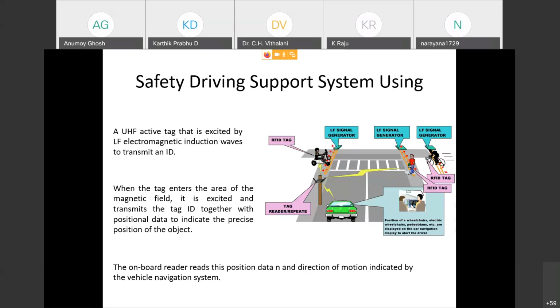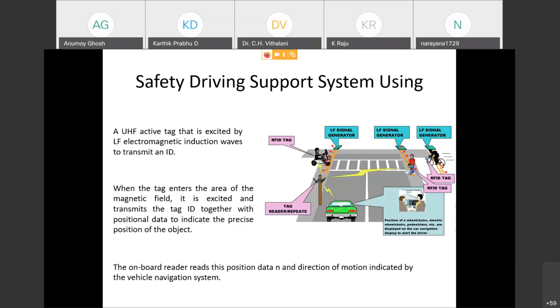Another thing is the controller design part. Because in safe driving, a tag is to be connected to a GPS module and that information has to be fed to the DPDR. So this interfacing of a tag with a GPS module is another important area of research.